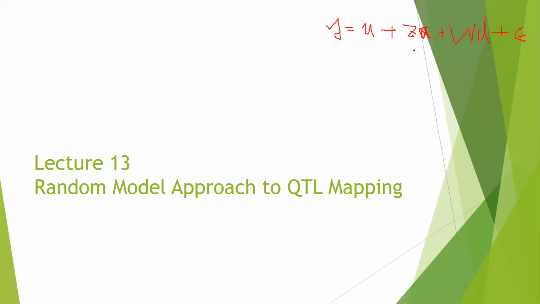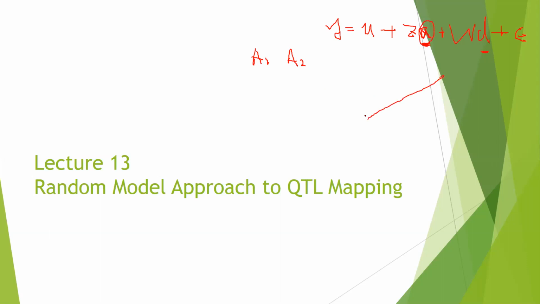All right, so in the past, let's use the F2 as an example. We have 2 alleles, A1 and A2. Here we try to estimate the value of this A and the value of this D, right? So what is this value?